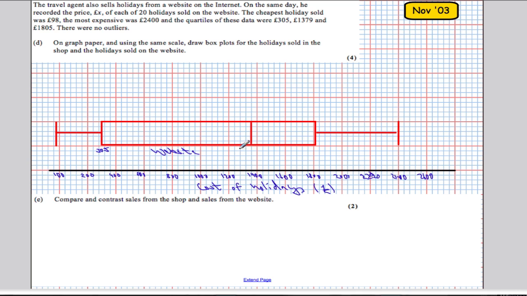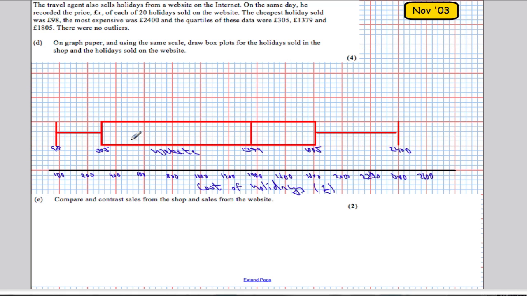The median was 1379. The upper quartile was 1805. Highest value was 2400, and the lowest value was 98. So that's the website done.